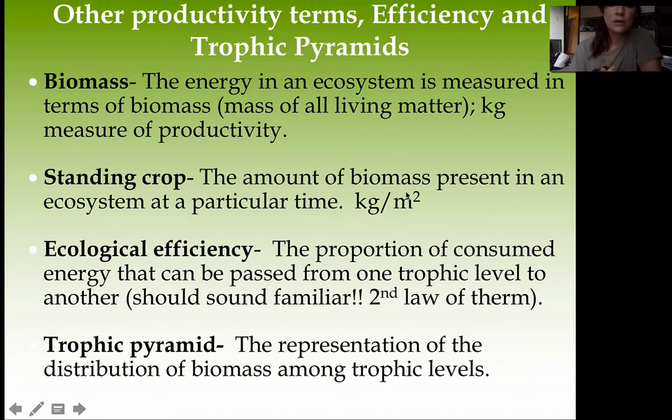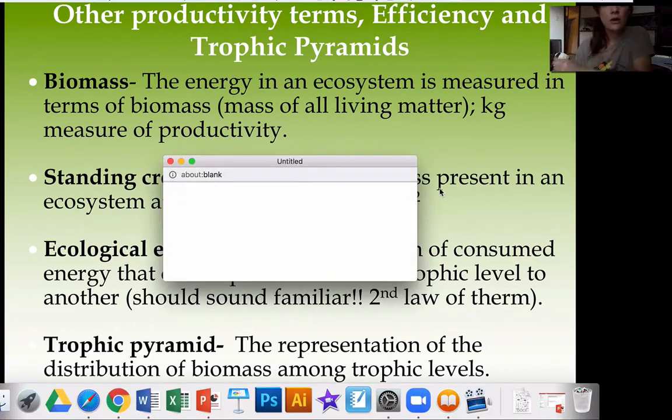It's just that the units are in kilograms. A standing crop is related to biomass, the biomass present in a particular meters squared, so in a particular area at a particular time. So there should be a time component, like kilograms per meter squared within a year.